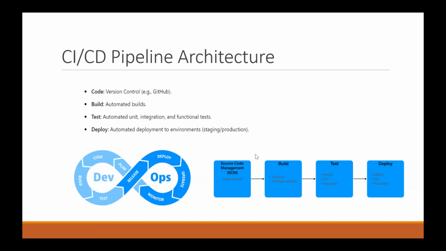So this part is building, compiling, and building the code along with pushing your artifact to the repository. Once your code is built, we test it. We run smoke testing, unit testing, and integration testing. Once testing is done, we deploy it to staging, test, and production.